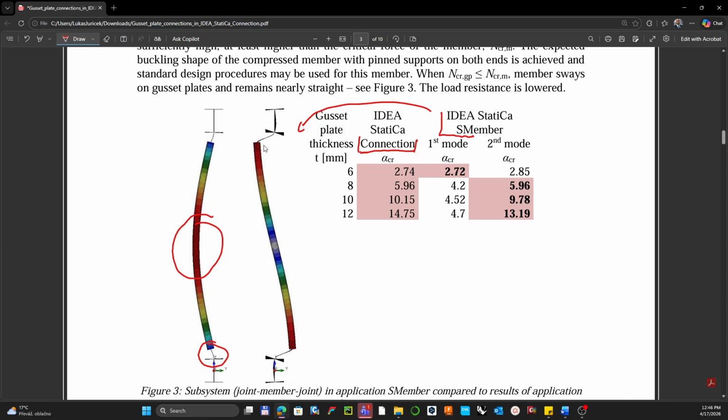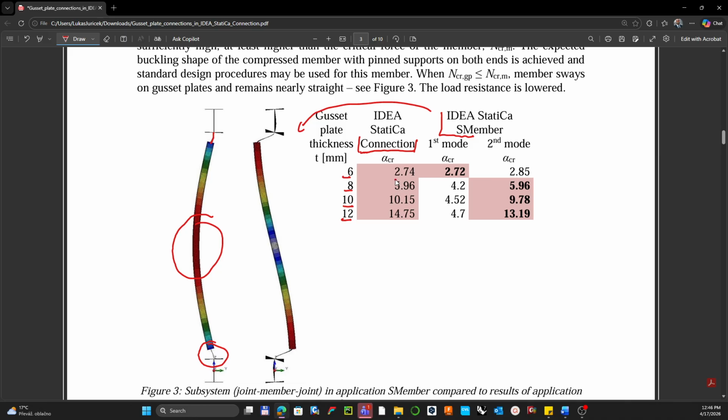Once the plate thickness is 6, 8, 10, and 12 millimeters, which are standardly used thicknesses, you can see the critical factors and the compliance between the solutions in the connection only and in IDEA StatiCa Member, and which modes you had to investigate to have a match.